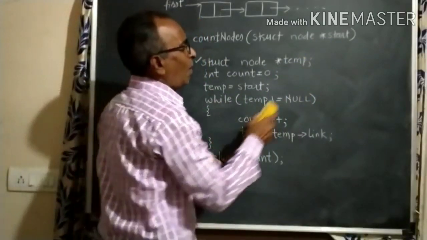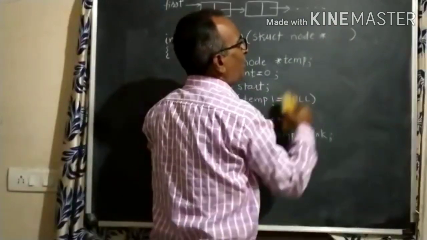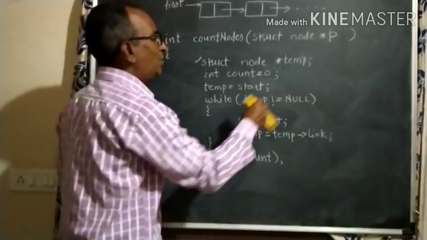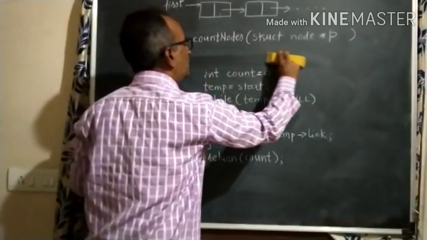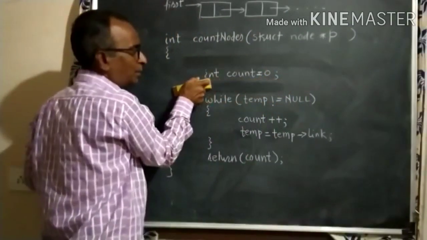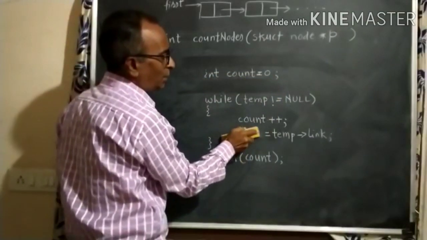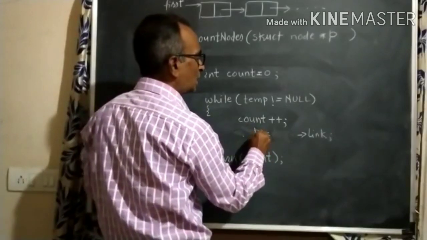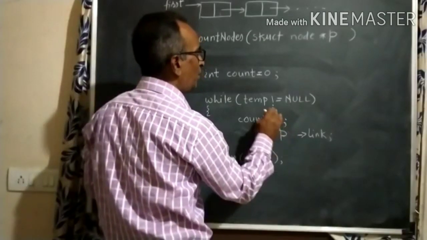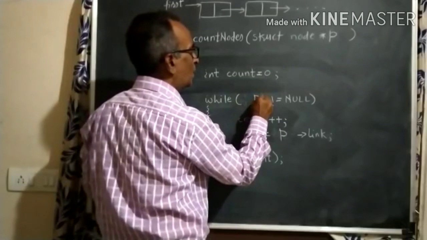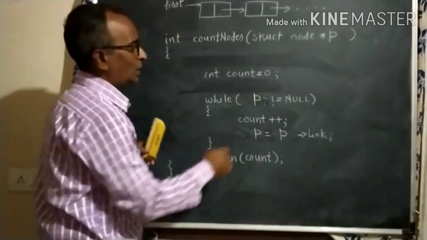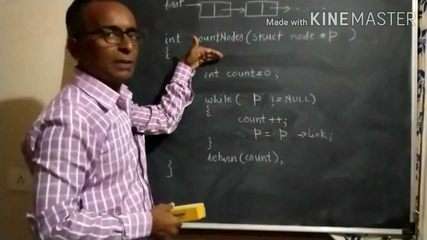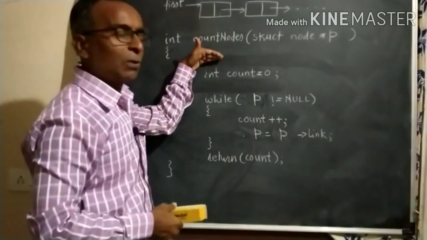So if I write P here, now temporary is not required, and in place of this temp, directly I can write P. Now what change have I made here? I explained it with a temporary, and accordingly I have written it.